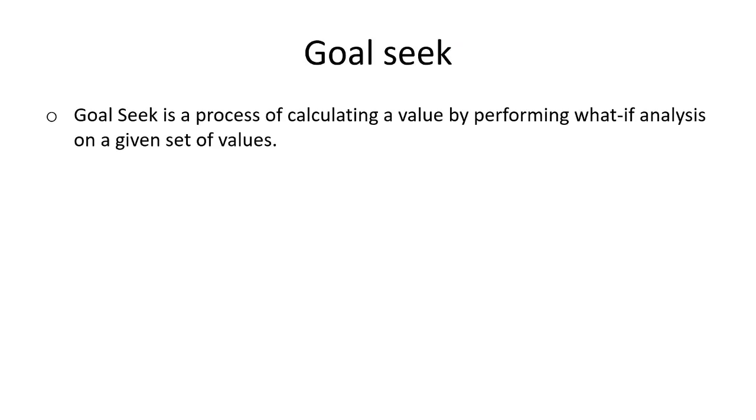So goal seek is a process of calculating a value by performing what-if analysis on a given set of values. So as it is written, there has to be a given set of values. We need to have some set of values that you're trying to really apply goal seek on. That is why I said that to begin with you would not use goal seek.